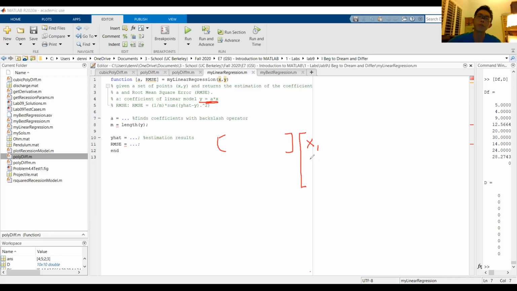Am I setting this up right? Hold on. Like, let's say we have like 3 points. No, wait, hold on. This is just one. It's going to be A times, well, it's going to be some A. And we're going to want this to be y1, y2, and y3.